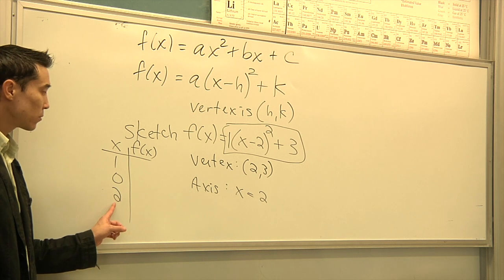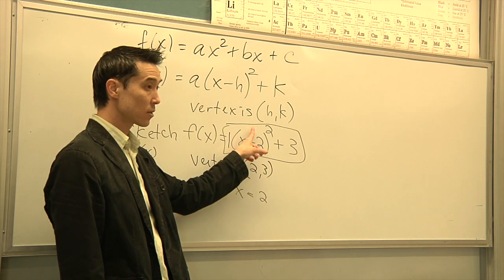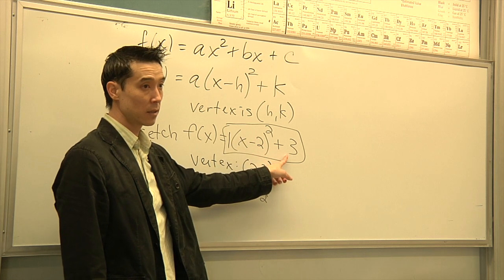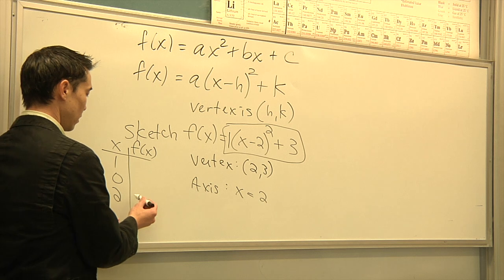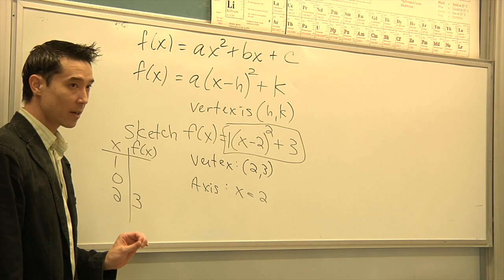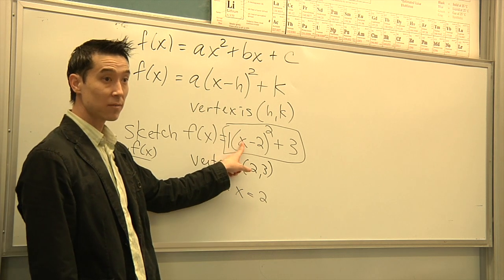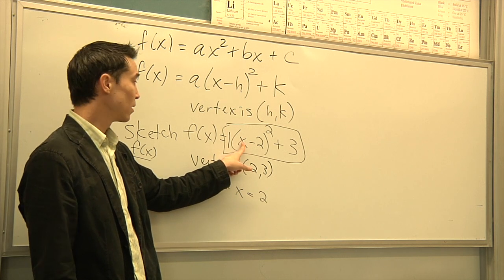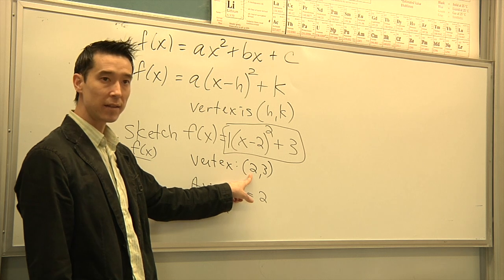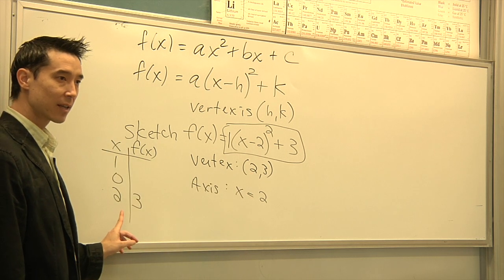If I plug in x equals 2, 2 minus 2 is 0. 0 squared is 0. What's 0 plus 3? 3. Why did I get (2, 3)? Because literally that's what happens, right? When you plug in x equals 2. But also we already had this point. Is everybody with me on that? I was just confirming a point that we already had. That's what I was asking.